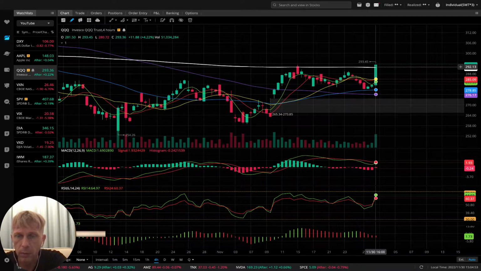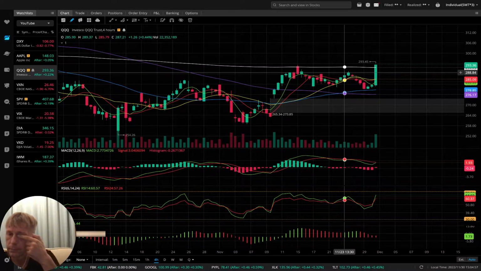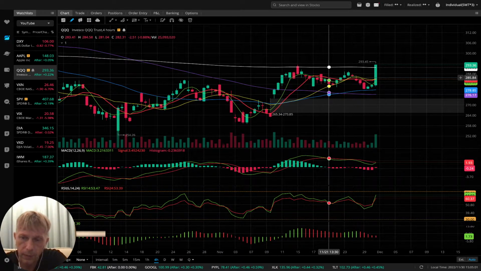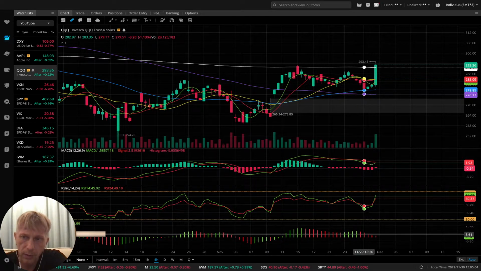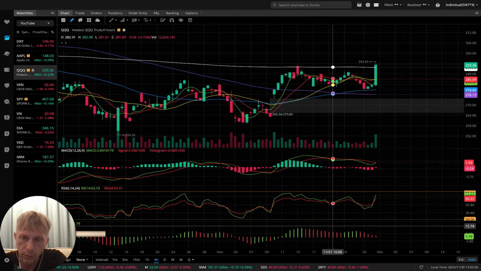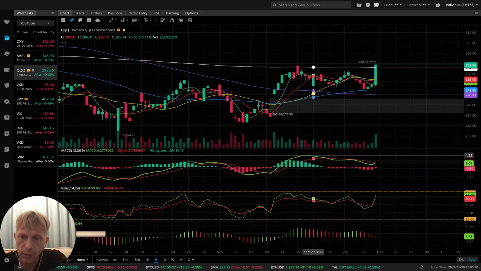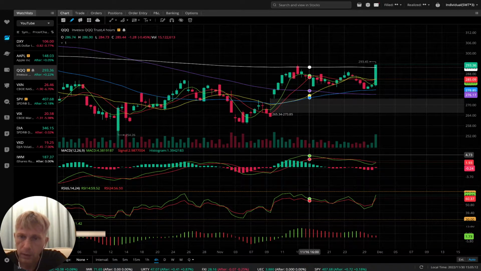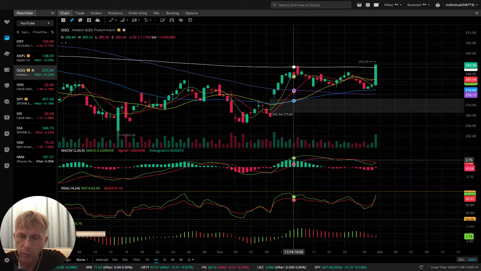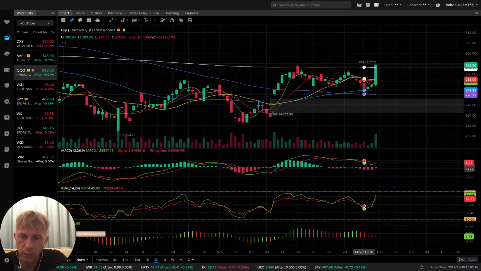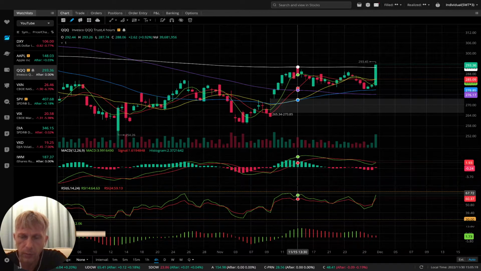Also the oscillator still bearish. Bearish divergences on awesome oscillator, still bearish divergences on MACD. Nothing changed to bullish. Still bearish divergences on all indicators, right, in 4 hours.